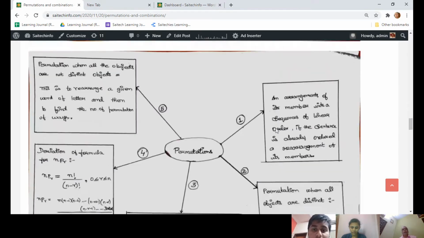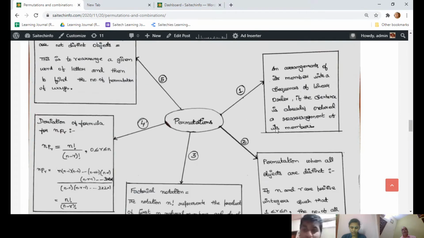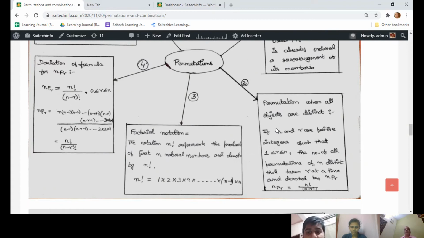Next we have the concept map of permutation. As we saw, permutation in the first point is an arrangement of members into a sequence or linear order, or, if the set is already ordered, a rearrangement of its members. Second point, permutation when all objects are distinct, meaning all the objects are different.